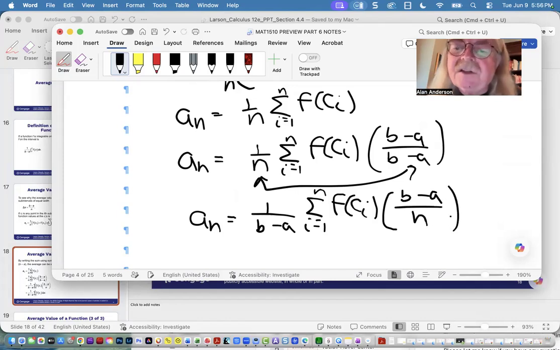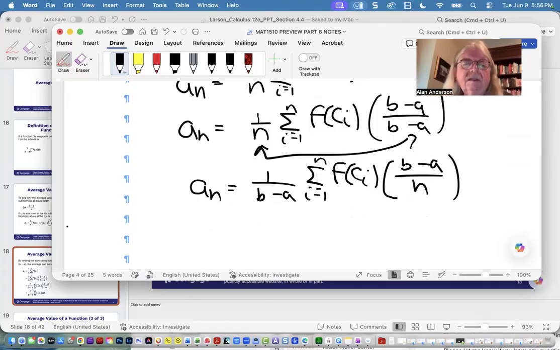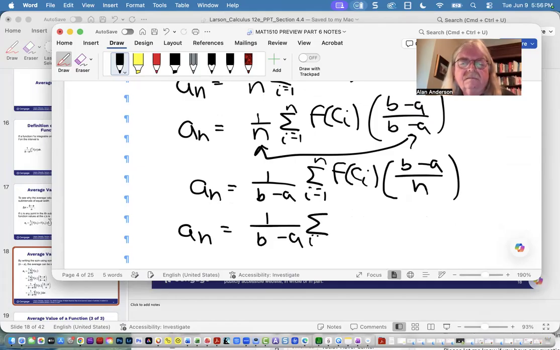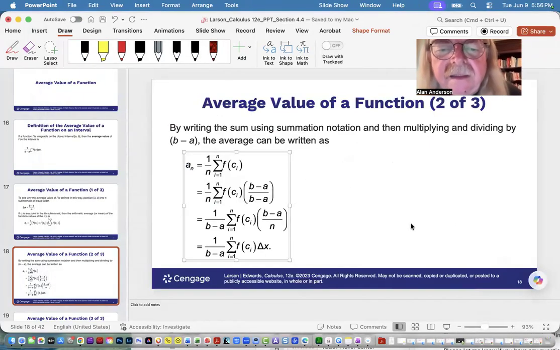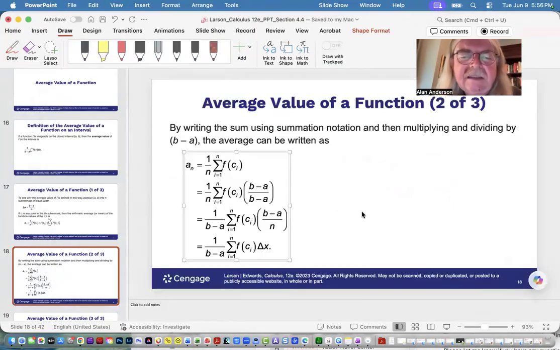But then by definition, that's just delta x. And then that's it. That's the average value of our function.